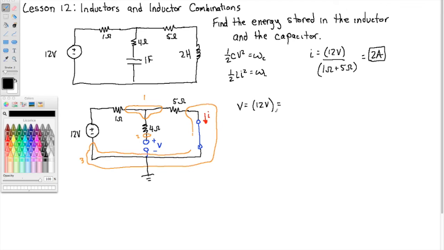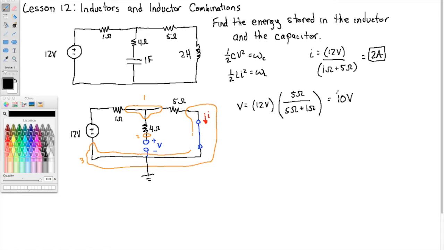So we'll take 12 volts, and we want the voltage across the 5 ohms, so we'll put that in the numerator, divided by the series combination, 5 ohms and 1 ohm. And that gets us 10 volts. So 10 volts are dropped across the 5 ohm resistor.